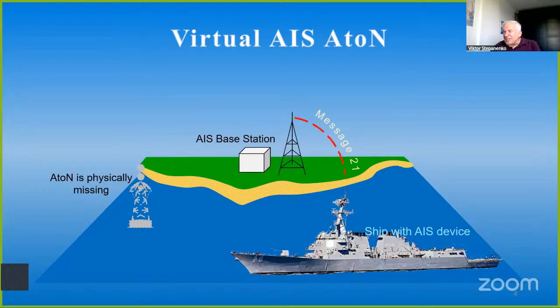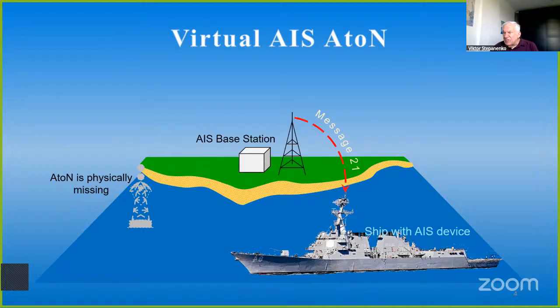Virtual AIS AtoN is an aid which does not physically exist, unlike buoys and beacons, but is only an image created on the base of message 21, broadcast by a shore station. This aid can only be seen on an electronic chart or a ship's radar. The use of such AtoN is particularly effective in cases where the installation and maintenance of traditional aids is technically difficult or economically impractical.